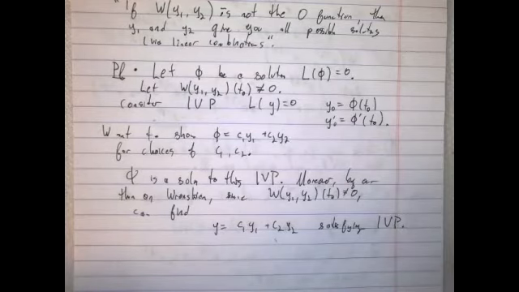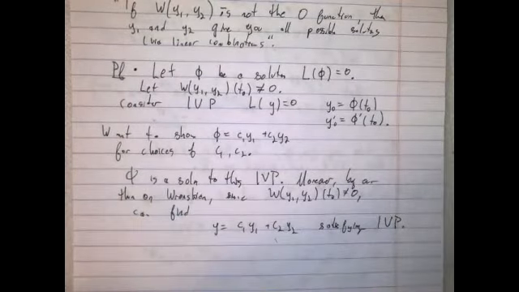I've got two different solutions to the same IVP. I think I'm going to interpret this silence as y'all being a little confused. Is that correct? Does anyone have a question here?